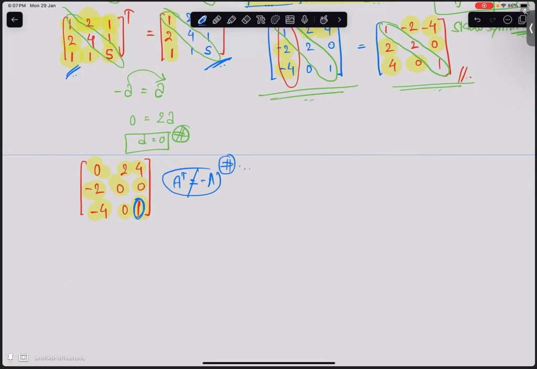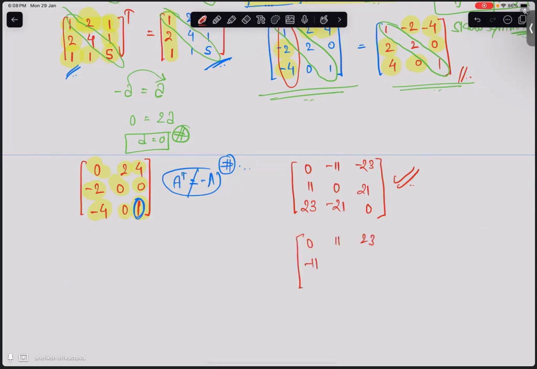Right? How about this one? How about this one? This one is a skew symmetric matrix, right?